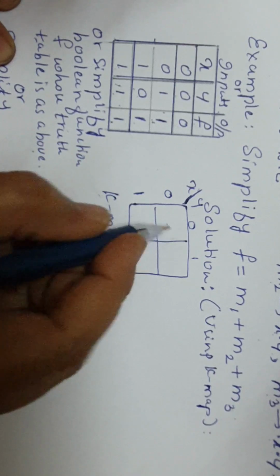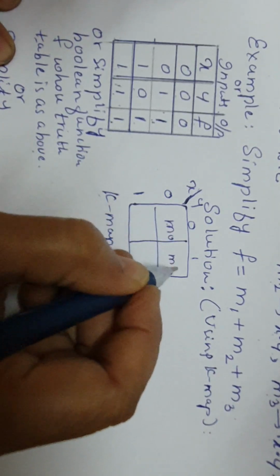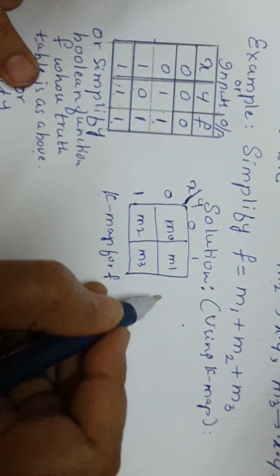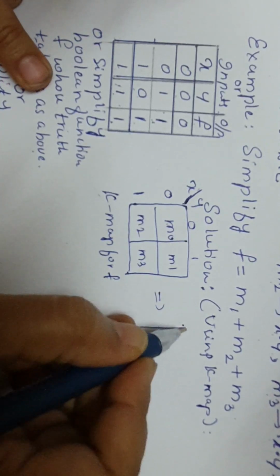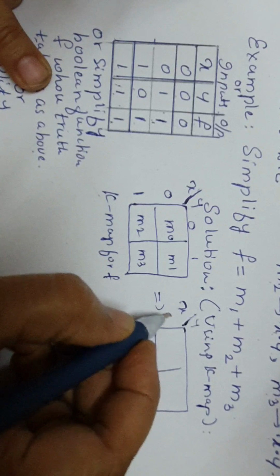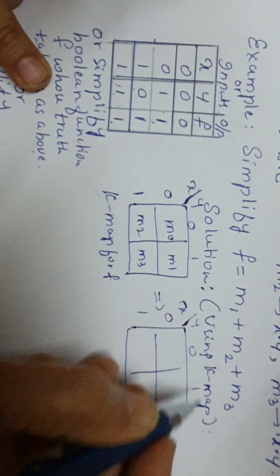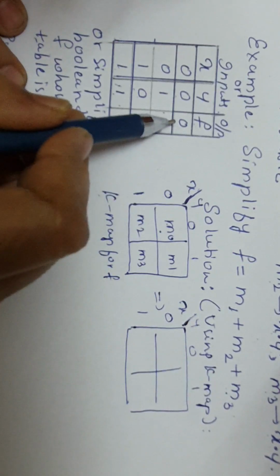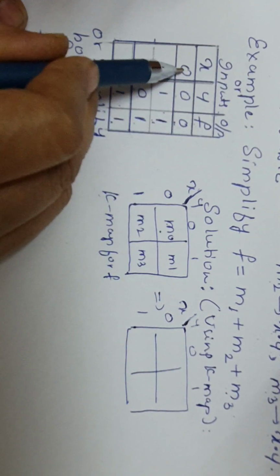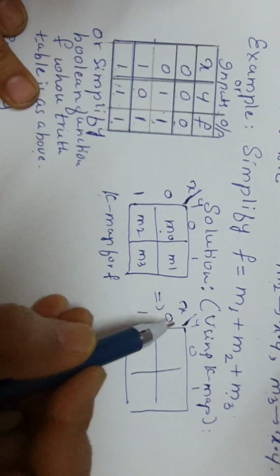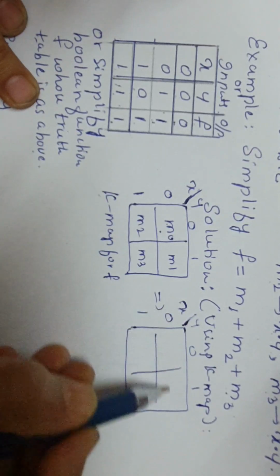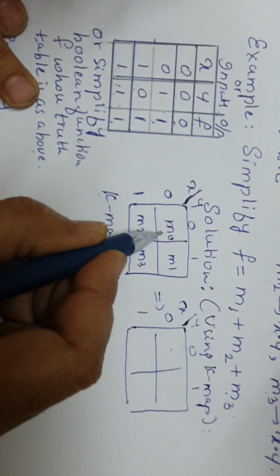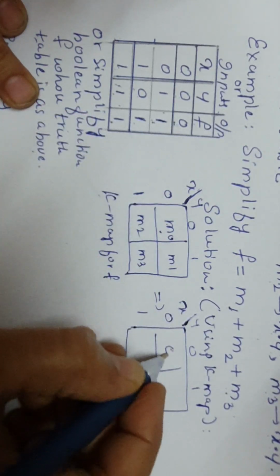This is the m0 place, this is the m1 place, m2 place, m3 place. So when we fill the function, m0 is not there in the given function, means it is 0. When x 0, y 0, which is m0, there it is 0.